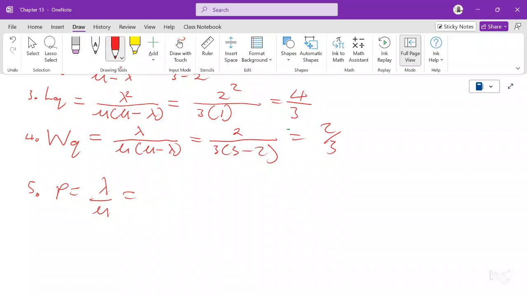This one is the only one that you can multiply by 100 to see the utilization, because utilization means how effectively you are using your resources. Then it's going to be 66.7%, 2 over 3. See, I'm making a mistake.